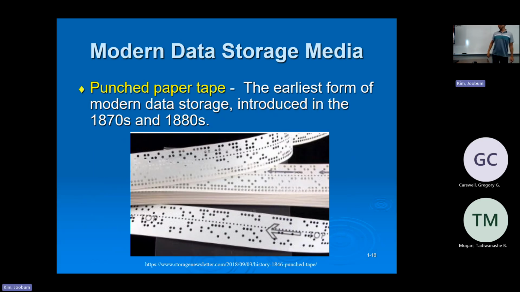This is a punched paper tape. There's a roll of paper with holes punched in it. You can feed the tape to the machine and the machine reads it line by line, or a block of the punched hole pattern. This is punched paper tape used to store and retrieve data.